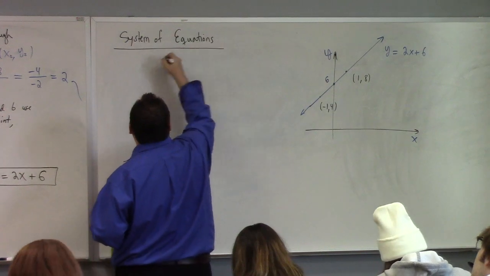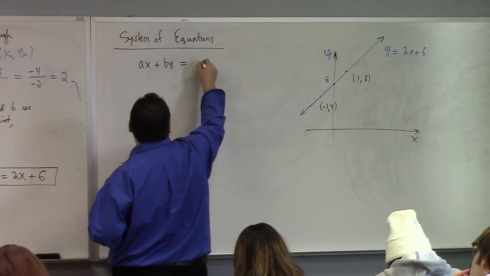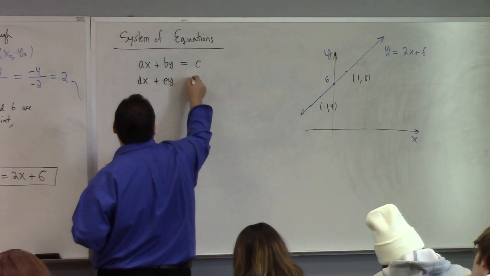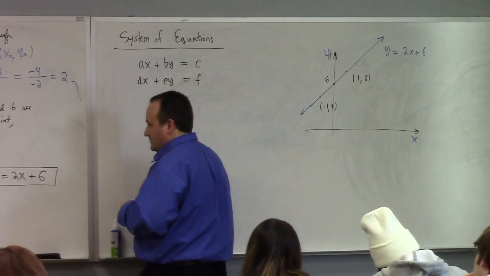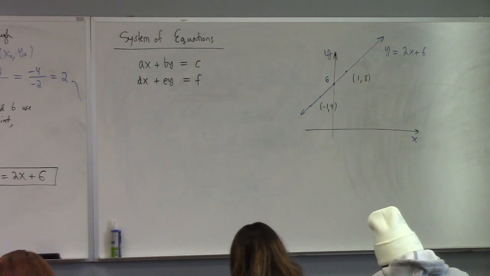It's basically something like this. You've got ax plus by equals c, and dx plus ey equals, I don't know, another letter here, f. This is what we mean by 2 equations and 2 unknowns.